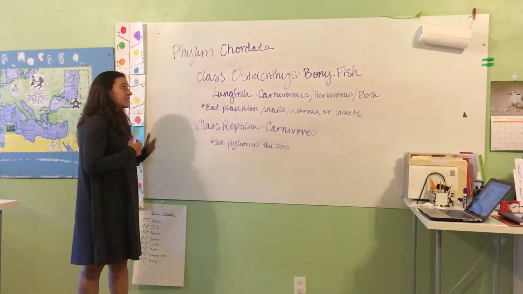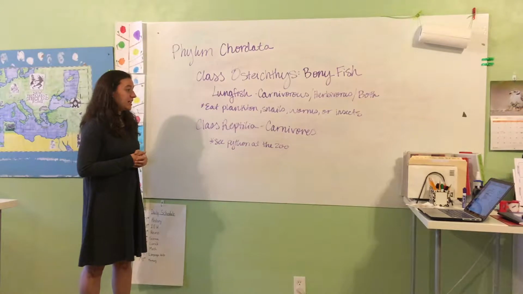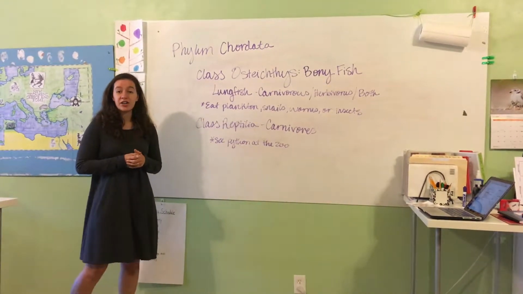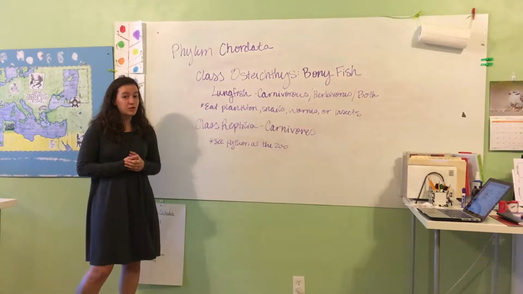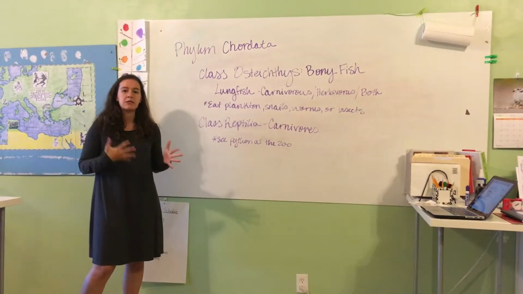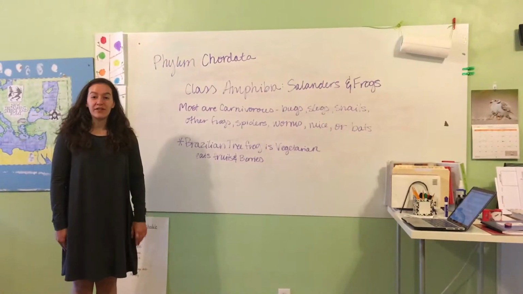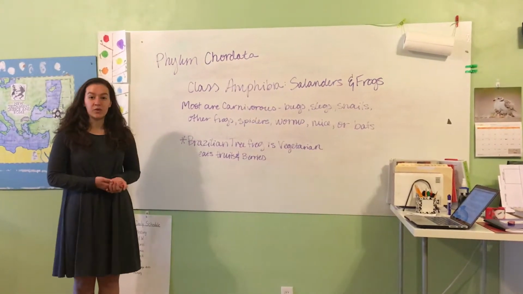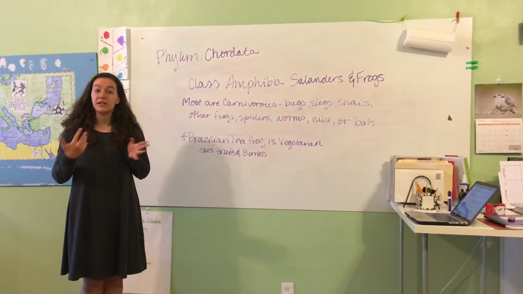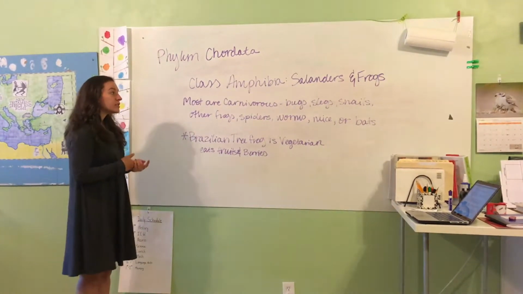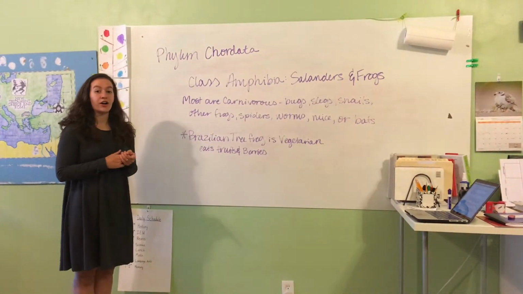The fourth class under phylum Chordata is the class Reptilia. They are carnivorous. Later in our video, you will see the python at the zoo. They typically eat mice and larger animals. So our fifth class under the phylum Chordata is our class Amphibia. Think salamanders and frogs. Most of the amphibians are carnivorous.